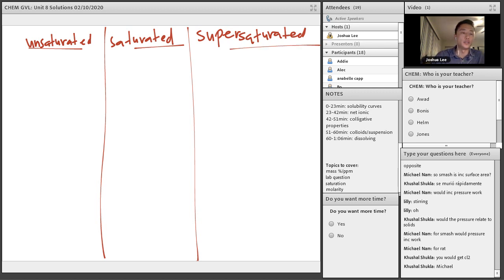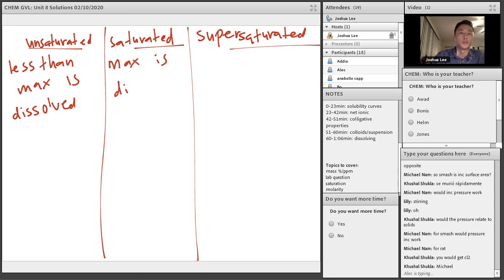Unsaturated just means less than the max amount is dissolved. Saturated means the max is dissolved. Supersaturated is more than the max is dissolved.